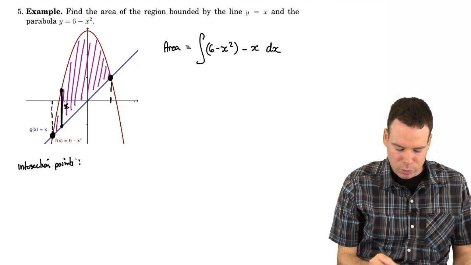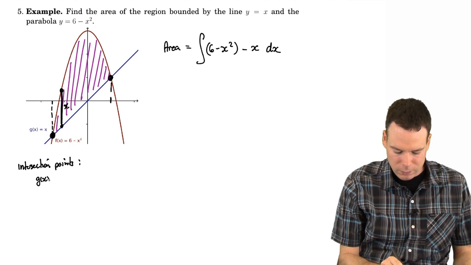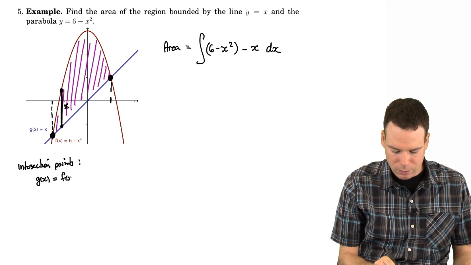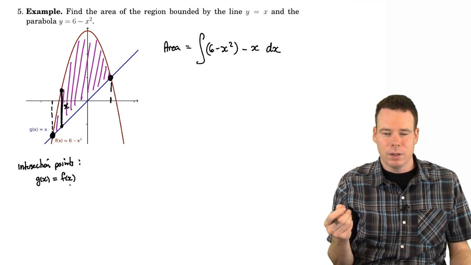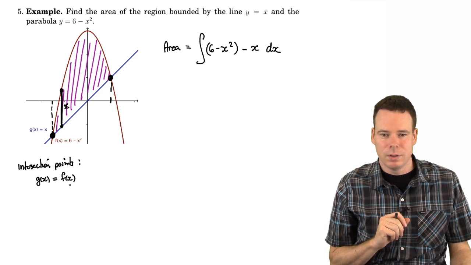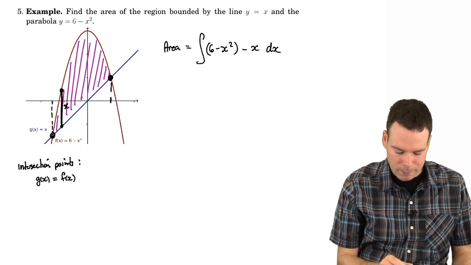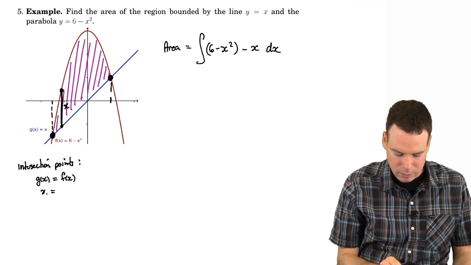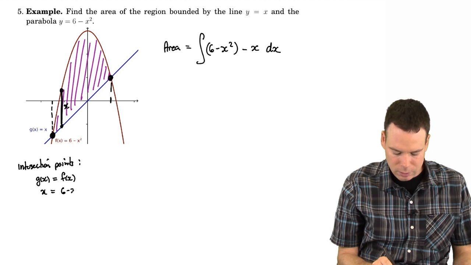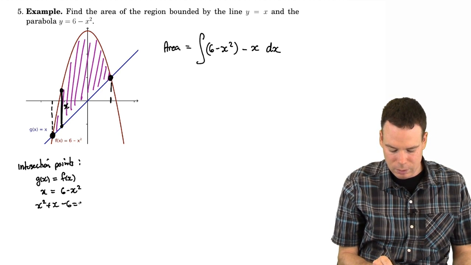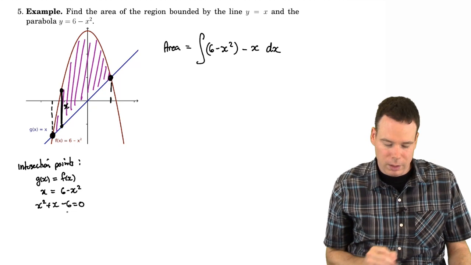To get the intersection points, we need to know what x values make the function values the same. For a given x value, when are their function values the same? When are their y values the same? That means they have a common point. So this is x equals 6 minus x squared, or in other words, x squared plus x minus 6 equals 0. Now at this stage, we're looking at a quadratic.